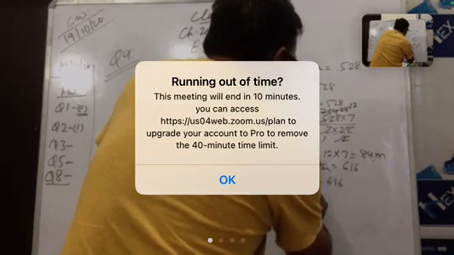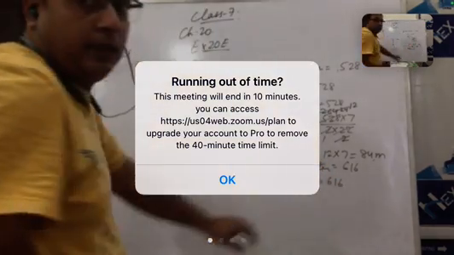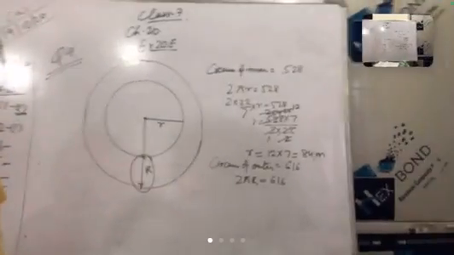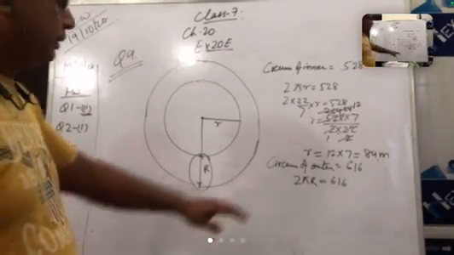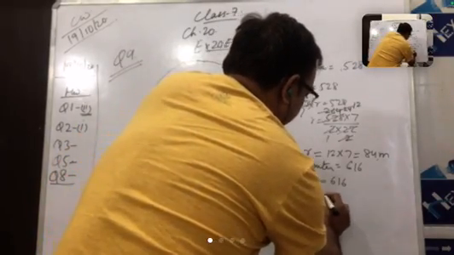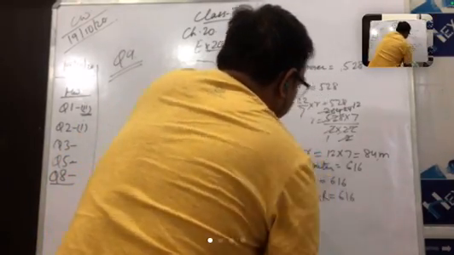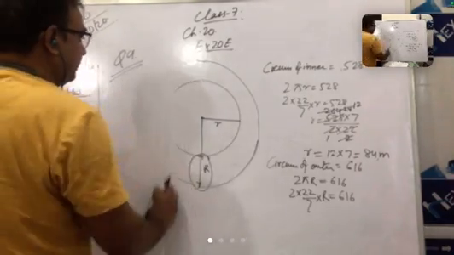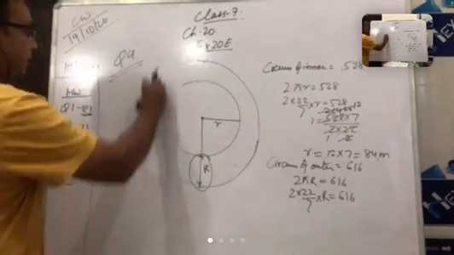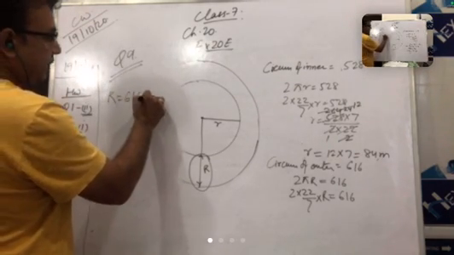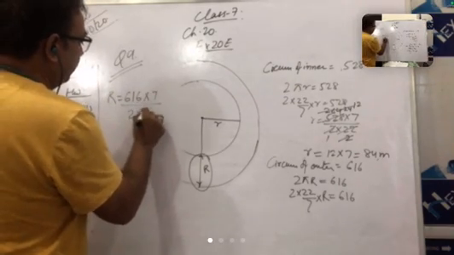Now you can use capital R here. Now it's 2 times 22 upon 7 into capital R is equal to 616. Now capital R is equal to 616 multiplied by 7 upon 2 into 22.